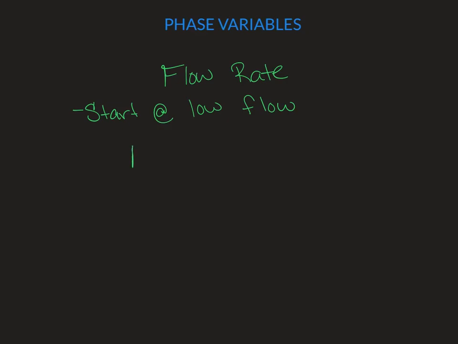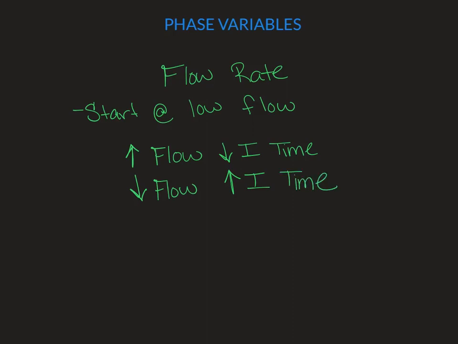So if you increase flow, you're going to decrease their I time. If you decrease flow, it's going to take longer to fill the lungs, so you're going to increase their I time. The reason you want to start with a lower flow is because you want them to be comfortable, because flow is what you will adjust for your patient's comfort.